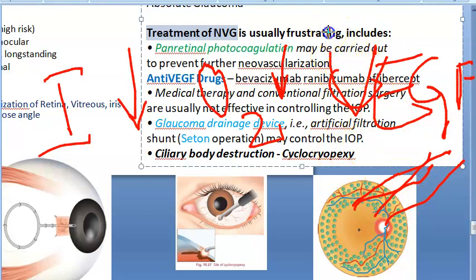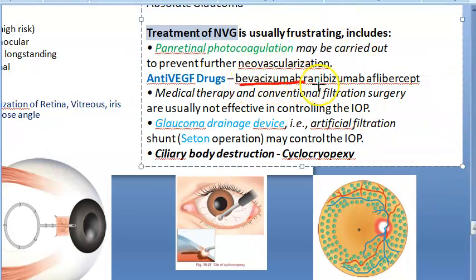So what will they give? They'll give anti-VEGF drugs like bevacizumab, ranibizumab, aflibercept. Okay, so these drugs you have to mention. And then they will do pan-retinal photocoagulation. What did I say, guys? Pan-retinal photocoagulation, PRP they will do.